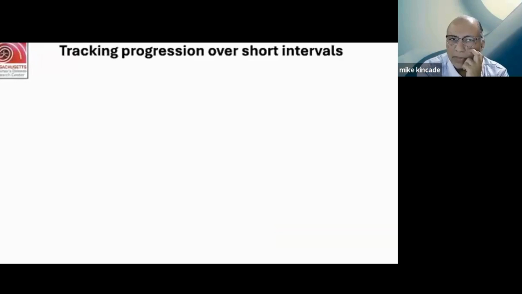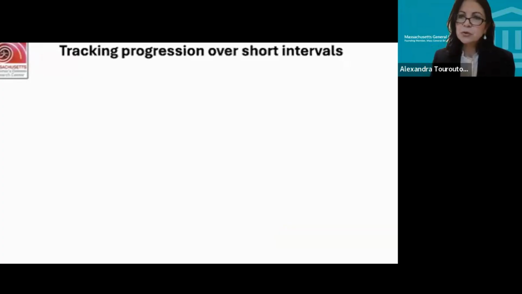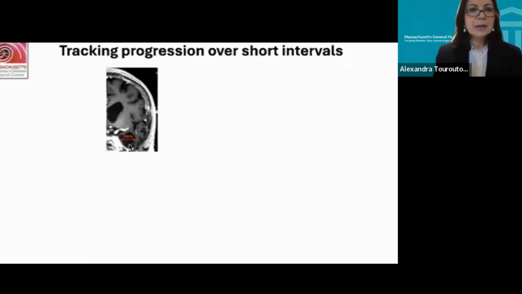One of the studies that we have been working on over the past couple of years is how we can track this progression of the disease over shorter time intervals. So we could look at this. I don't know if you can see here the thinning of this area. For example, there's a couple of millimeters of shrinkage in what we call here the temporal horn.